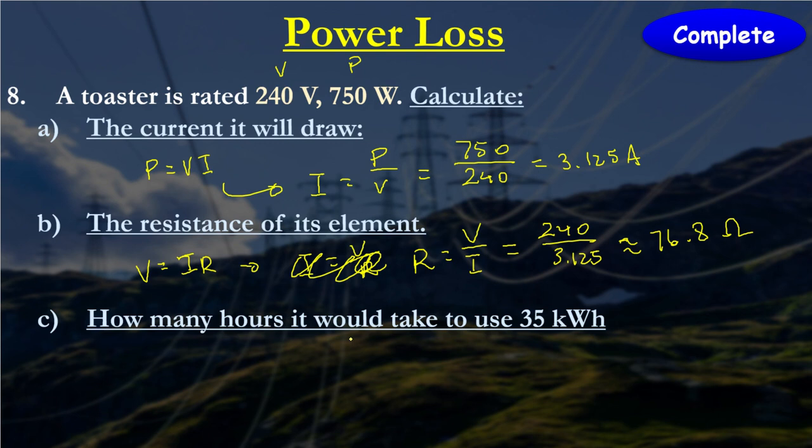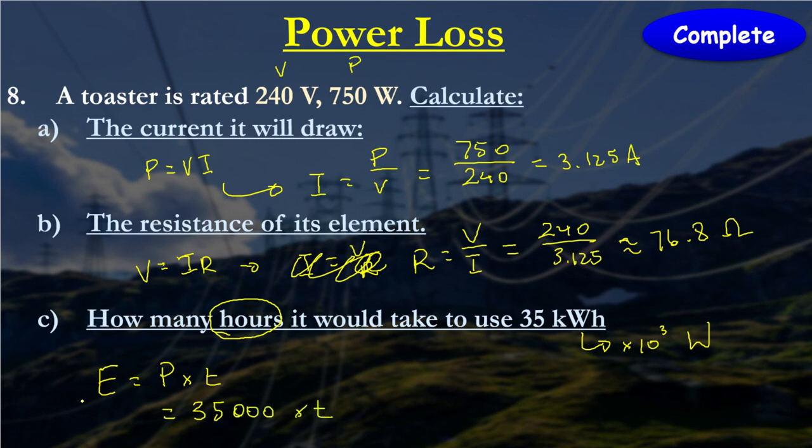The last one we're saying is how many hours would it take to use up 35 kilowatts per hour. So kilowatts is 10 to the power 3 watts. This question is asking us about hours, so unlike the previous question, we don't have to convert it into seconds. We know that energy is given as power times time. So the power we've used up is 30,000.